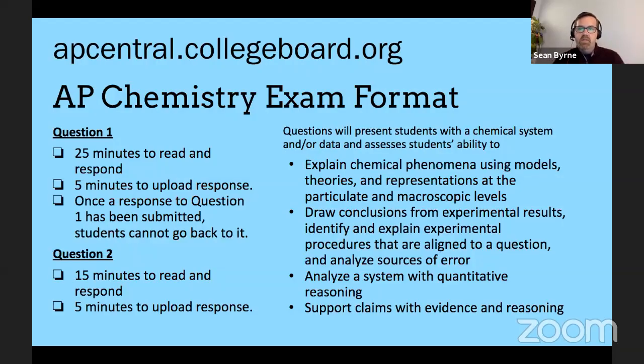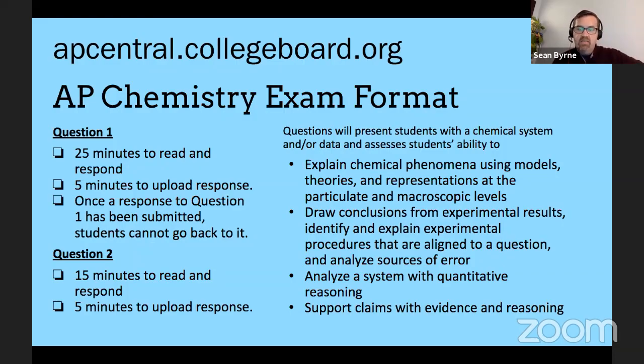One of the reasons why we're being really clear to talk to you about the skills necessary to be successful in AP Chemistry is because we know that the questions will give you some sort of system, some data, so that you can shine in your ability to explain the phenomenon using models, theories, and representations. You're going to be able to draw conclusions from the experimental results, to identify and explain procedures aligned to a question.